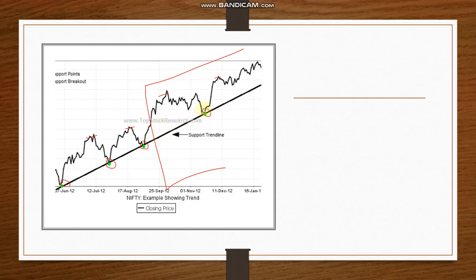So trend line is important to execute the buy orders. This particular green point is the support zone, because market is taking support at the trend line. So don't you think this particular point will be the best point to execute the buy order to get maximum profit?